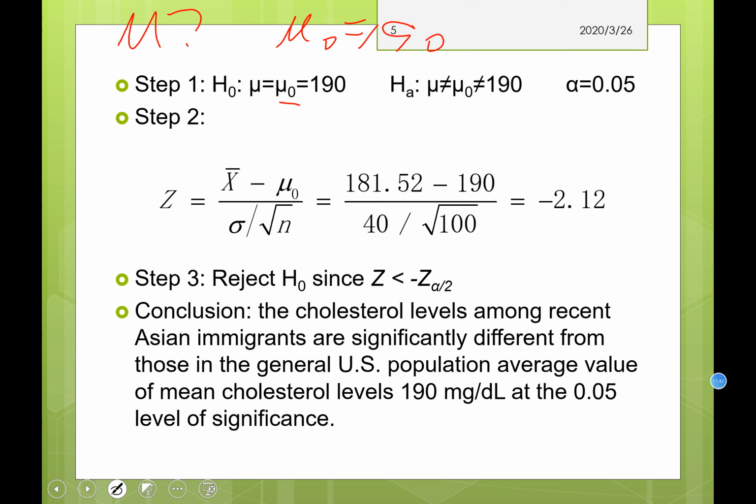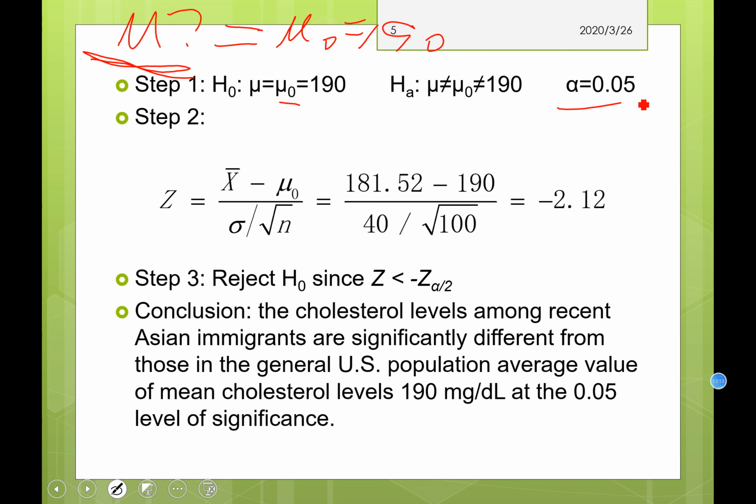So H0 is the population mean which is not given, equals the one which is given in the question. So we use mu equals mu0, namely 190, as the null hypothesis. And HA should be not equal, right? So that means mu is not equal to mu0.